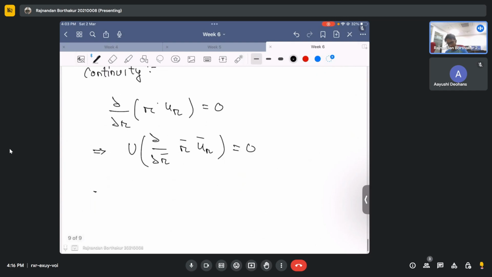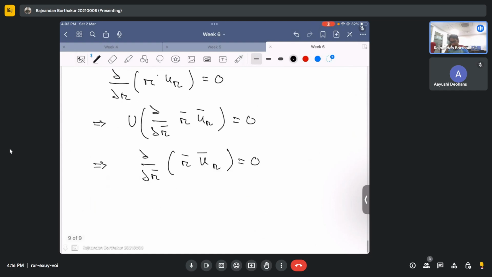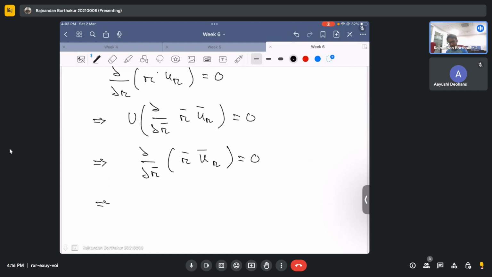Since u is not equal to 0, I just have del del r bar of r bar times ur bar, and I hope I'm right, this becomes equal to 0. Now if I use the product rule of differentiation here, what I will get is ur bar plus r bar times del ur bar by del r bar, and this is equal to 0.